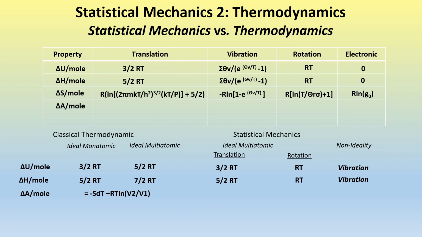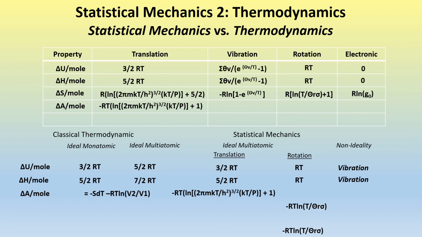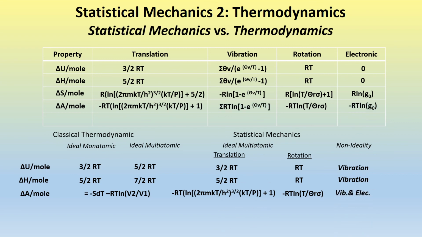Your translational energy is again minus RT log of (2 pi mkT over h squared) to the 3/2 kT over p, which is equal to minus SdT, because it's essentially the delta S per mole from the table times a negative T. The rotational contribution essentially donates the minus RT log V2 over V1 as minus RT log T over theta R sigma. And once again, the vibrational and electronic energies give non-ideality.